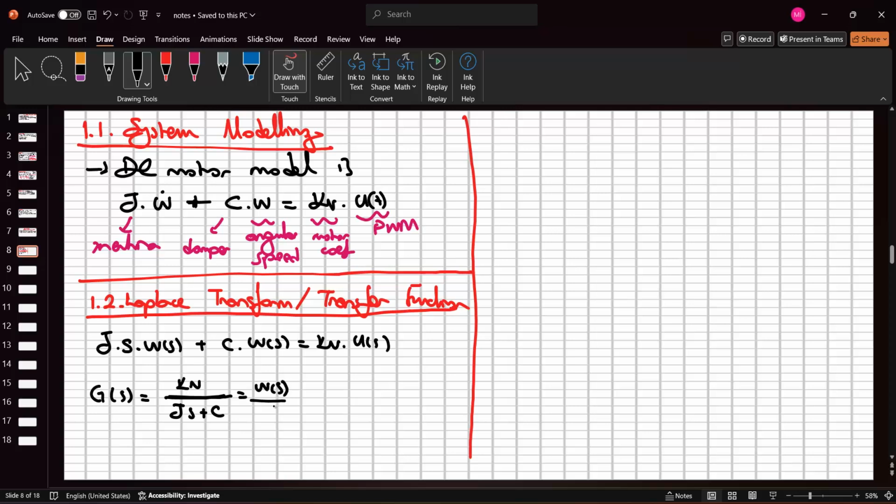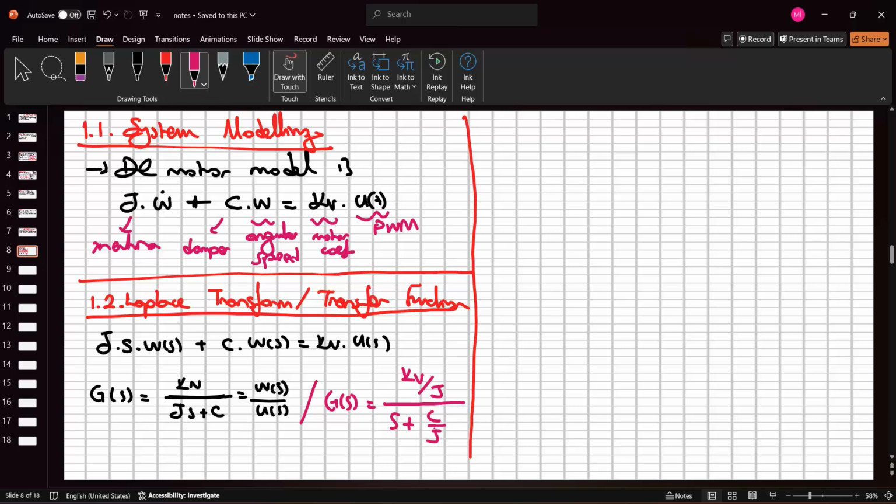Just reorganize the equation in terms of W(s) divided by U(s), right? This is equal to the transfer function, and so we can write the form as G(s) is equal to K_v divided by J, over s plus C divided by J. Just remember the transfer function form. The root of the denominator, or the characteristic equation, is equal to what?